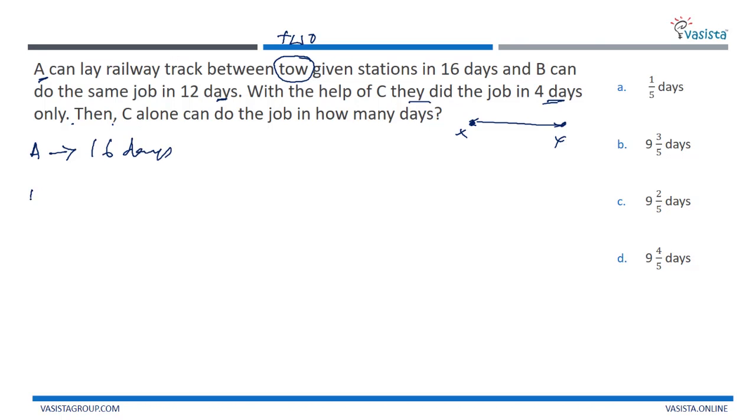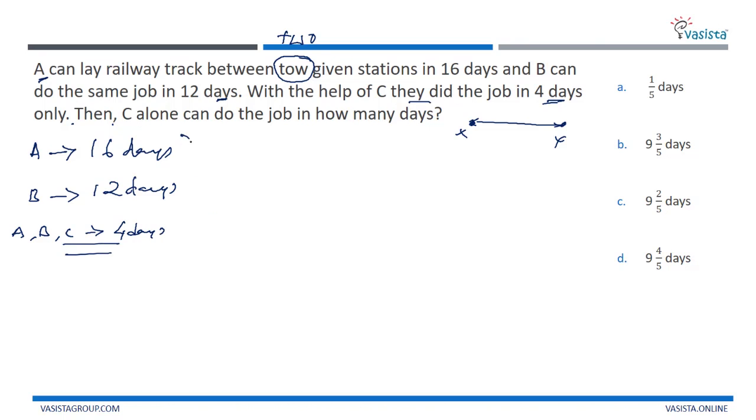B can complete the same job in 12 days, right? Now with the help of C, that is A, B and C together, if they lay the track, then how many days will they take? They will take only 4 days.